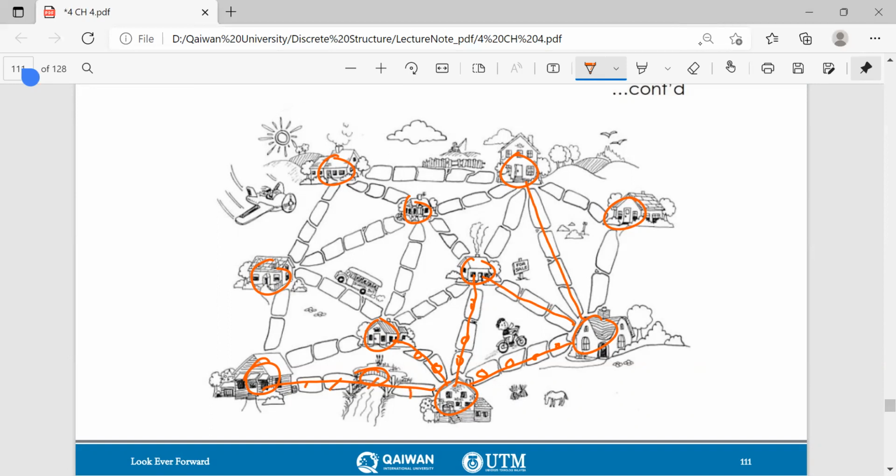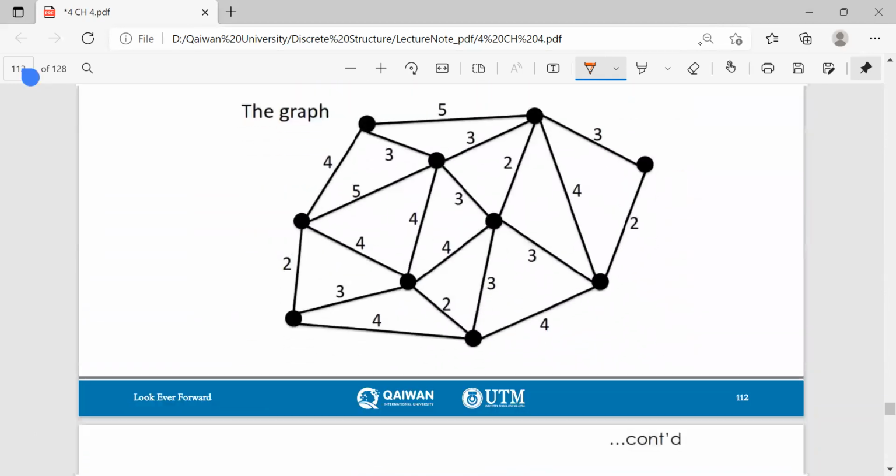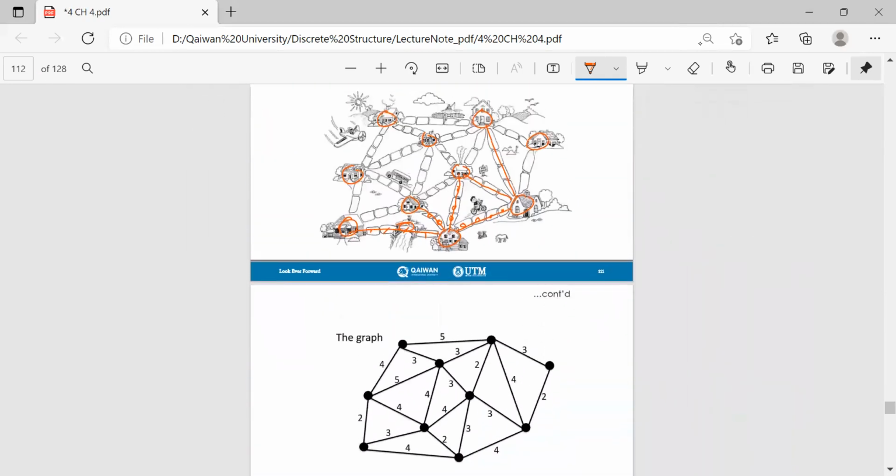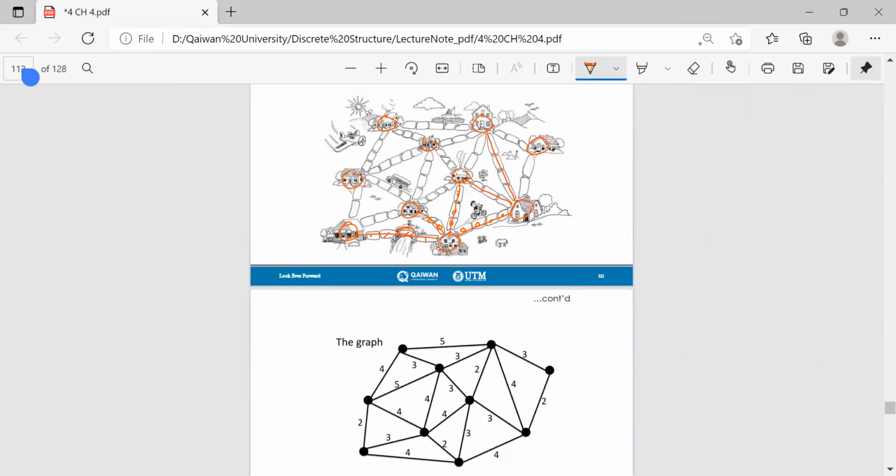Okay. First, let's draw the graph of the layout of this city. So the layout is this one. If you compare these two, this house is this vertex. This vertex represents that house, and this vertex represents that house. This one for the above one, and so on.